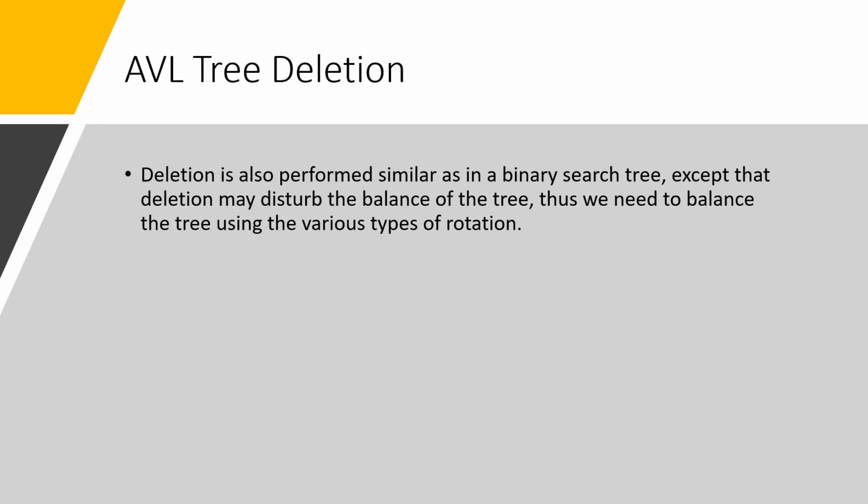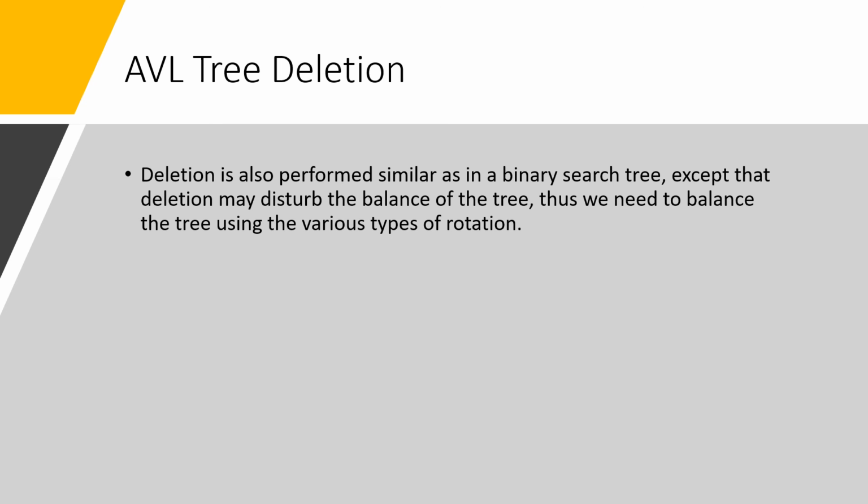We're not going to show AVL tree deletion, but we're going to explain how it's done. It's the same as in a binary search tree. We perform deletion the same as in a binary search tree, but when deletion happens, the balance of the tree may get disturbed, and we will need to rebalance the tree exactly how we did in insertion.